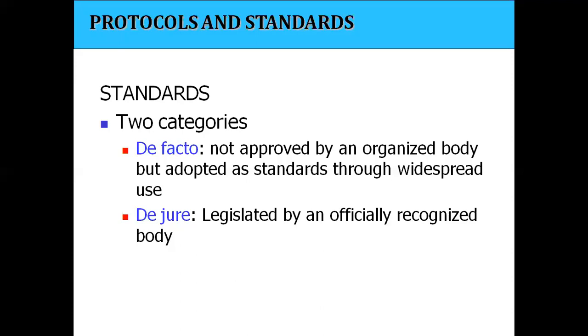De facto standards are standards that have not been approved by any organized body, but have been adopted through widespread use. Second, de jure standards. These have been legislated by an officially organized body.